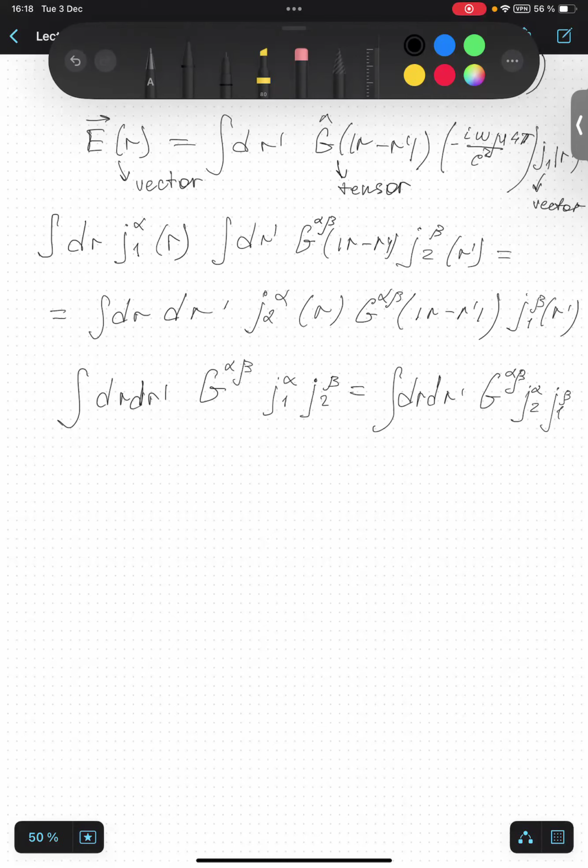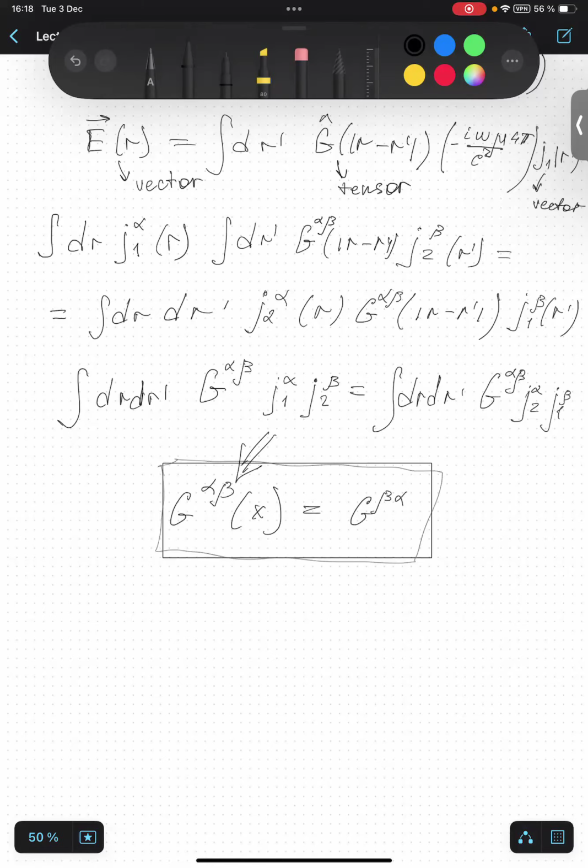And as a result, we can write that G alpha beta of r, r prime equals G beta alpha, just as with our S matrices.